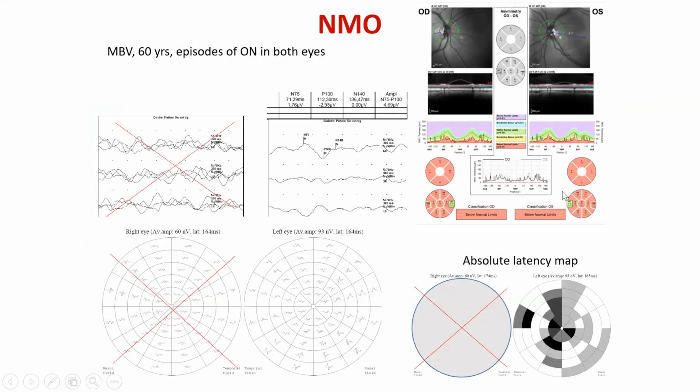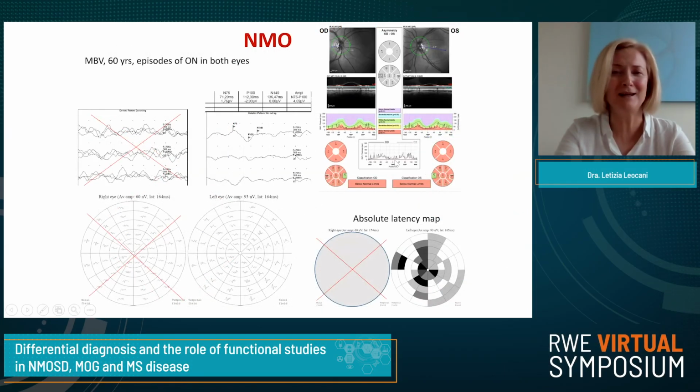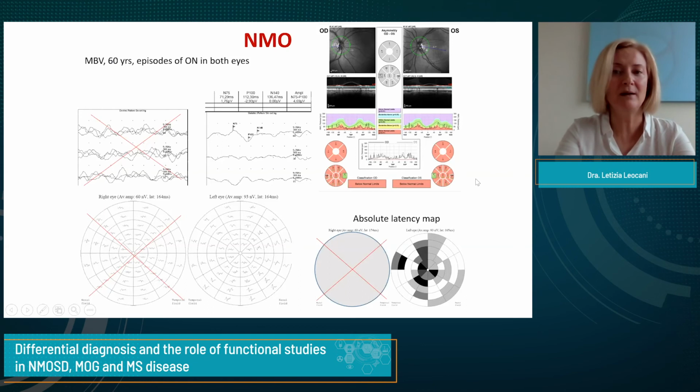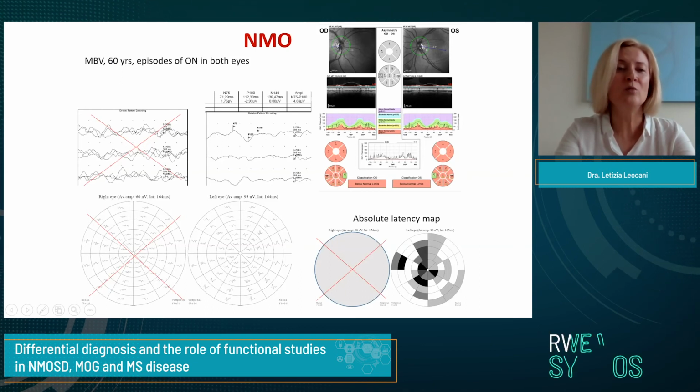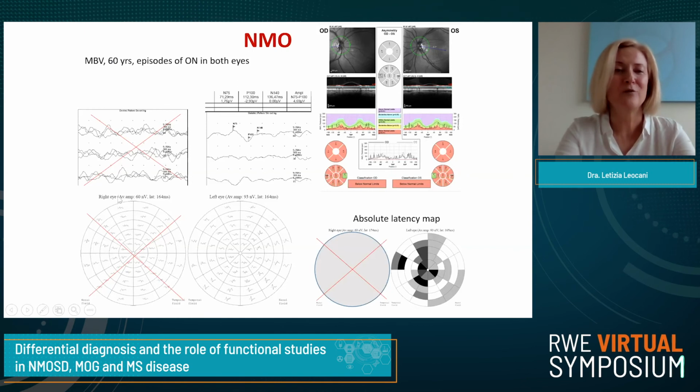While on the opposite, even after one single episode of optic neuritis, one for each eye here in this NMOSD patient, we have a very important loss of axons in the retina bilaterally, and almost no recorded VEP trace for either eye.